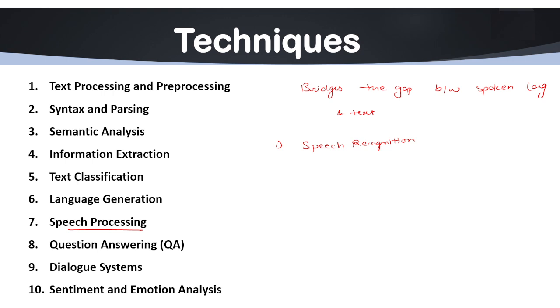So converting spoken languages into written text is done with speech recognition. This is very common NLP tool that we are commonly using these days, right? Next we have is text to speech, simply known as TTS. It helps us in converting written text into natural sounding speech. So this is also taken under NLP.